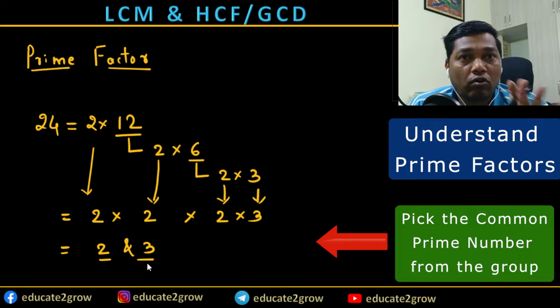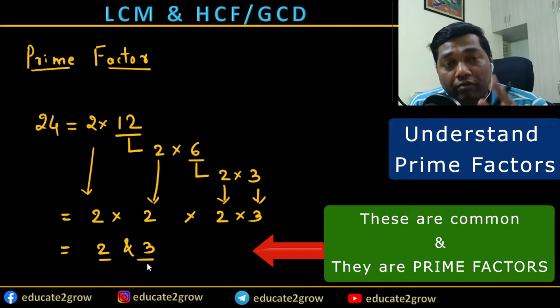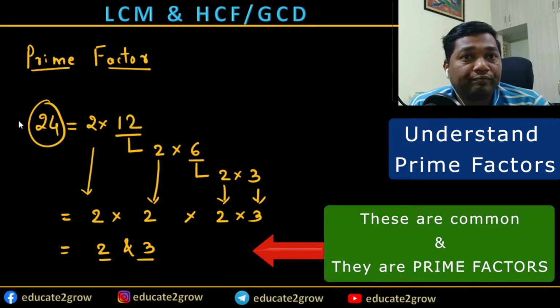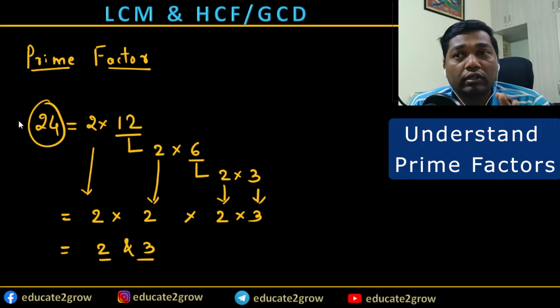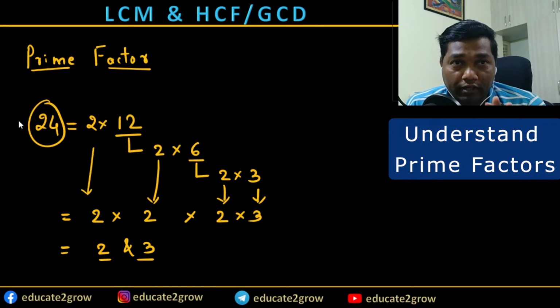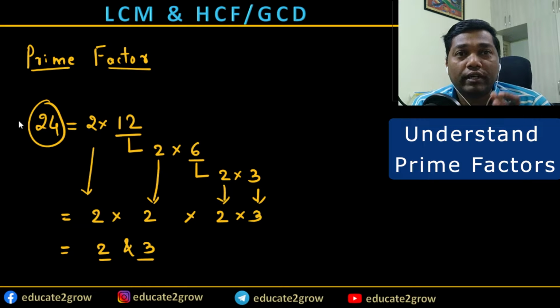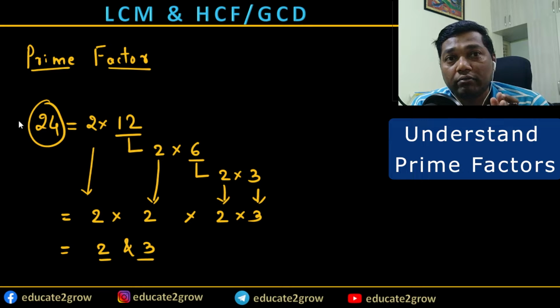These are called the prime factors of 24. Understood? These are called prime factors. The simple way I would say is that any multiple number that is divisible by a prime number, that is called prime factors.